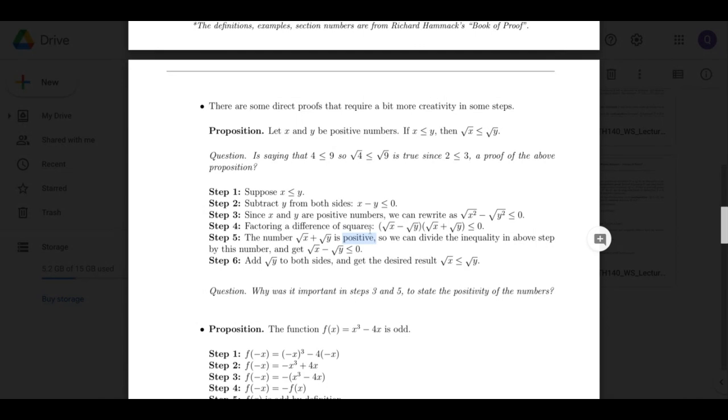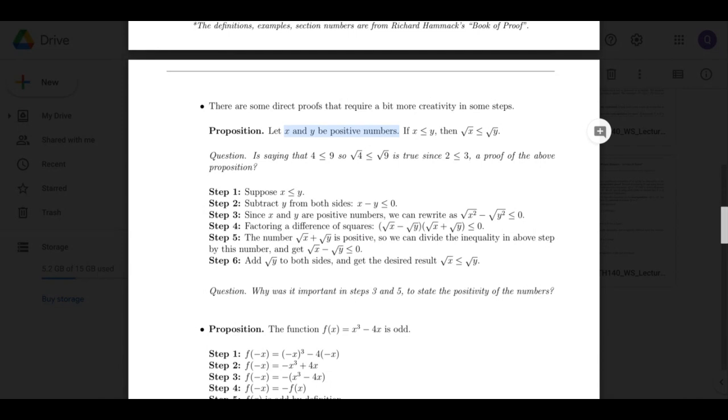So here, actually, we should divide it into 2 cases. Okay, you know what? This is true, because we assume x and y are positive numbers. So we omit 0 from the beginning.